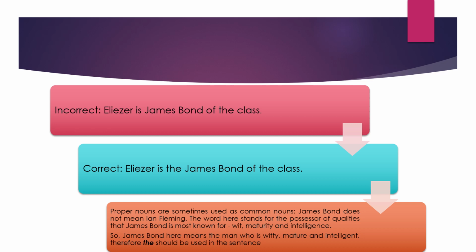Because we are referring only to the qualities possessed by this person, this James Bond is not acting as a proper noun but as a common noun. Therefore, such proper nouns that act as common nouns in the sentence will always be written with the article "the" before them. So the correction will be: Elijah is the James Bond of the class.